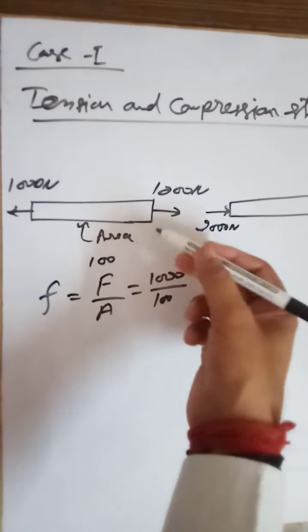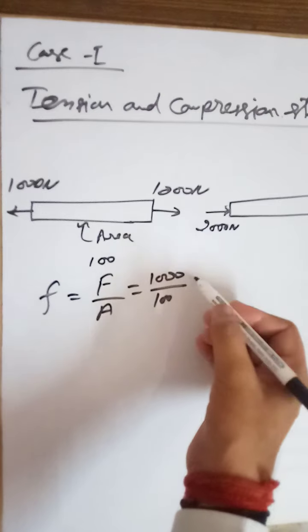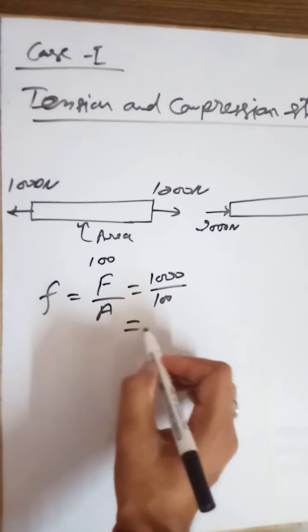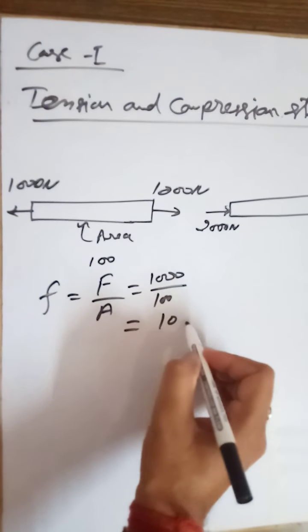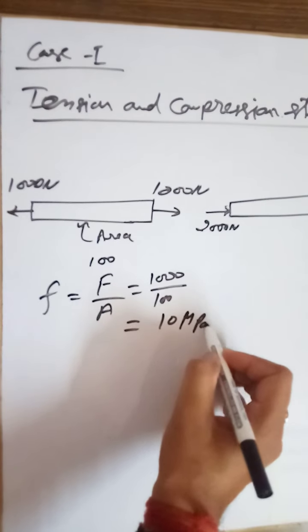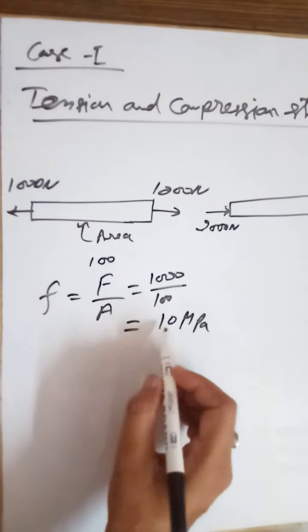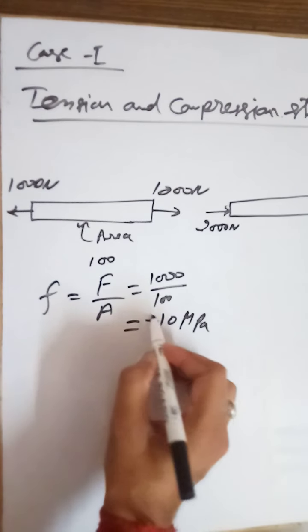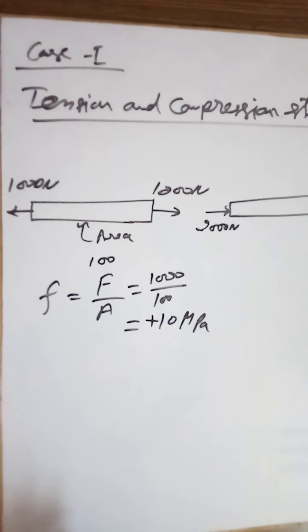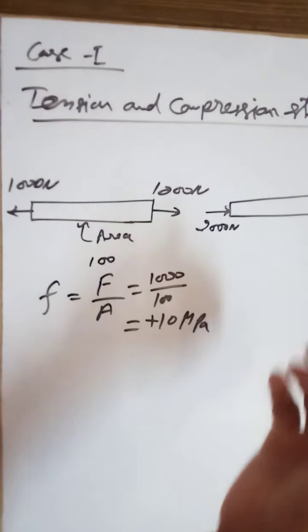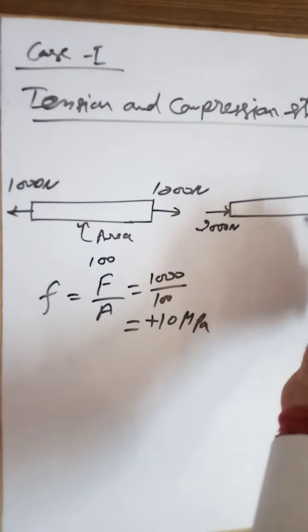As we convert the units, the result is 10 megapascal. This is the stress over there. It is positive because it is tensile stress, so we consider it positive. In the other case it is compressive, so we need to consider the negative sign.